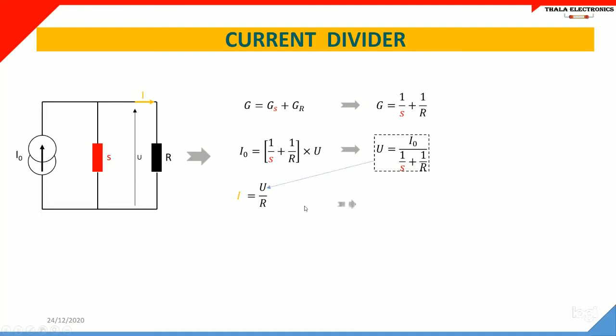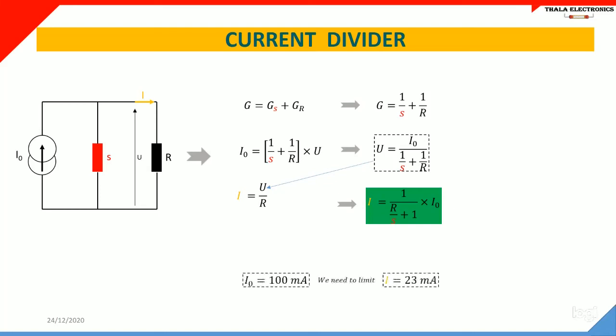We get the final formula of the current divider. Now, for example, if we have a source able to deliver 100 milliamps and we need to limit the current in our load to 23 milliamps, and we know the resistance of our load, it's easy to find the value of our shunt.